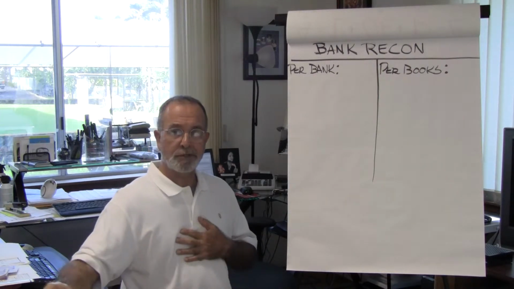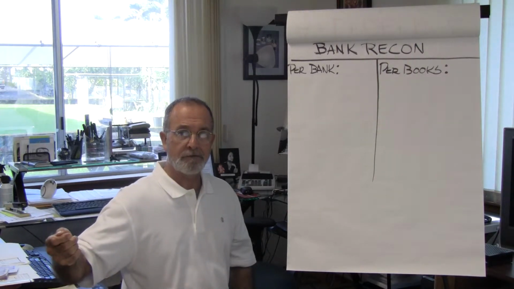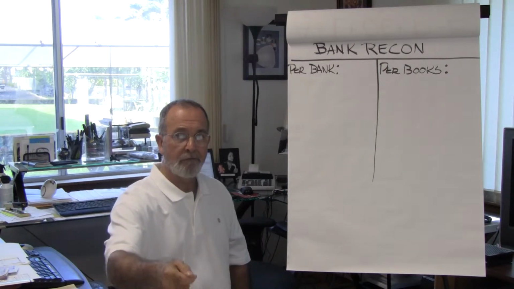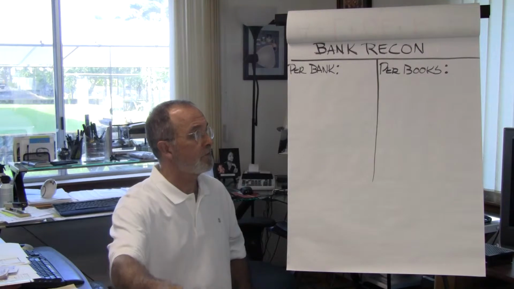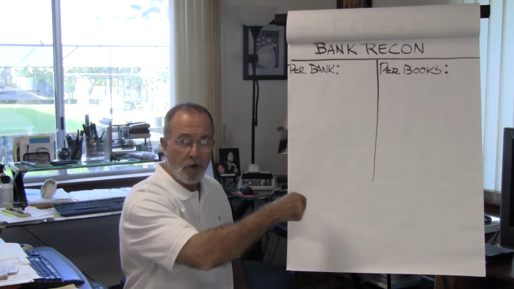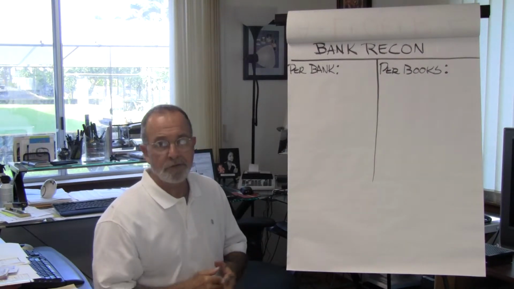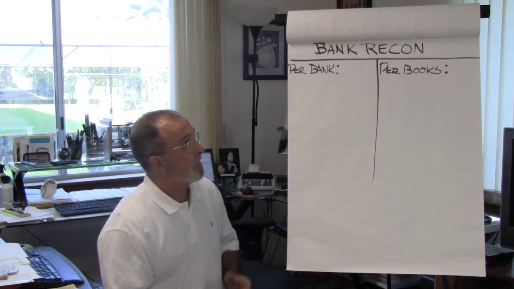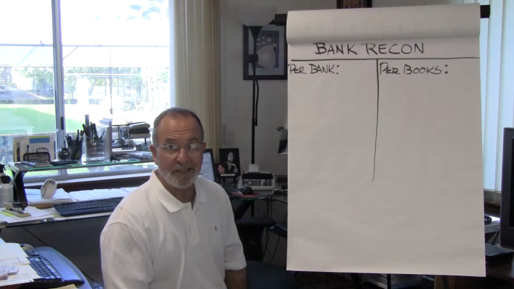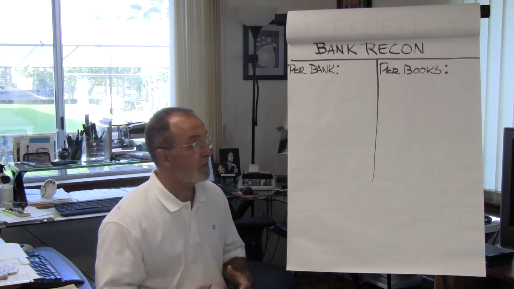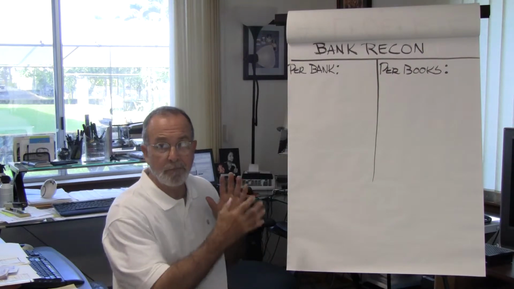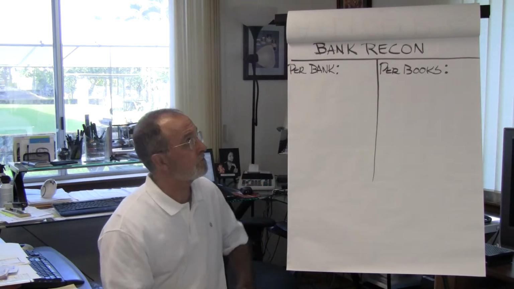The vendor will have to deposit that check into their bank, and their bank will have to send that check to our bank for payment. And so usually it takes a few days, sometimes longer, for that to happen. So that would result in an outstanding check, a check that we have written, deducted from our books, but has not yet been deducted by our bank from our account.